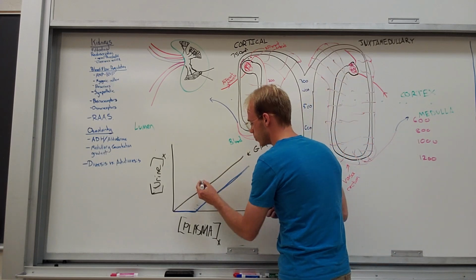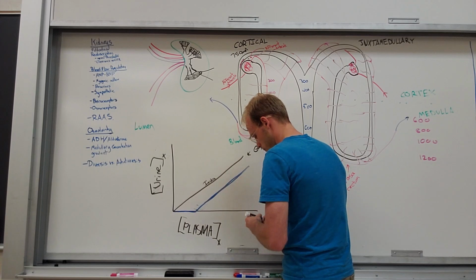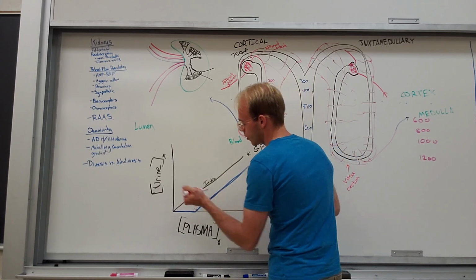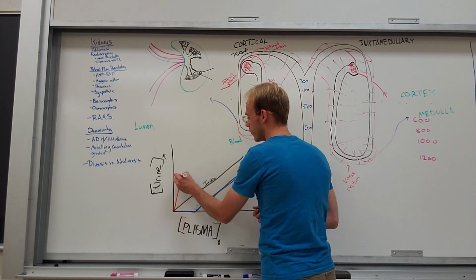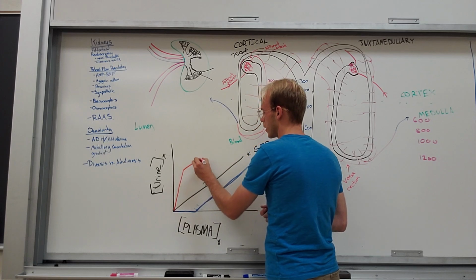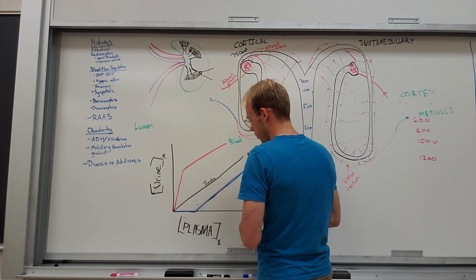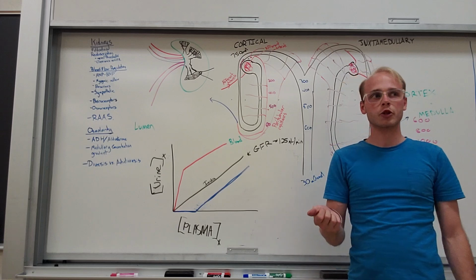I'm going to label this one inulin. And then there are other things where, as we introduce them into the blood, there's a very, very high concentration of them in the urine, and then it eventually reaches some other point. These bends are what's called renal threshold.